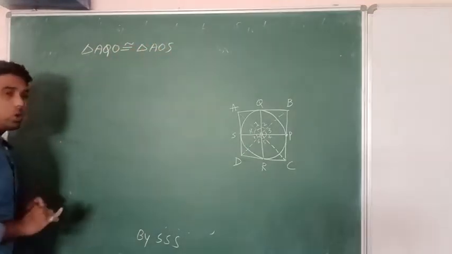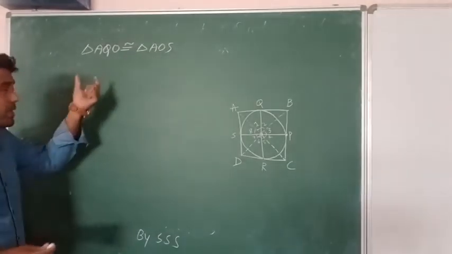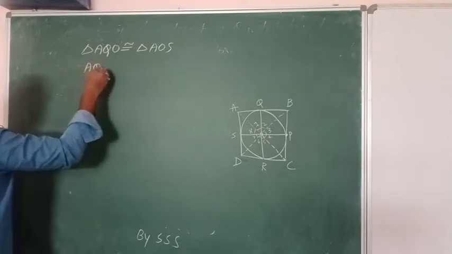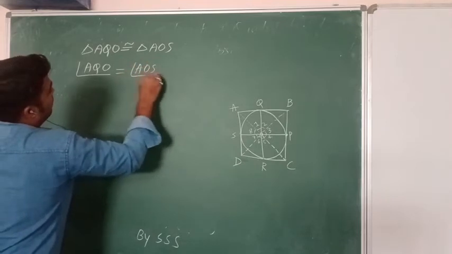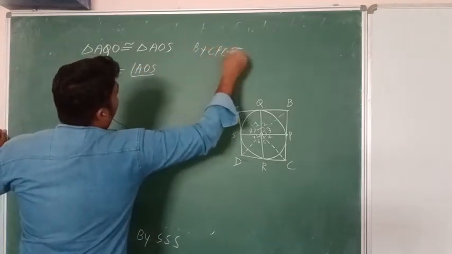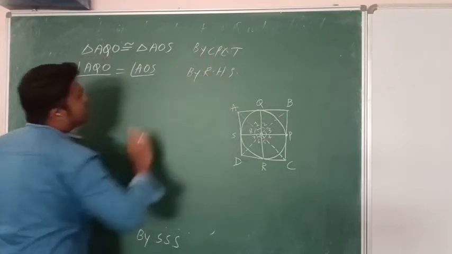If they are congruent, you know congruent triangles make equal angles. So what can I write here? I can write angle AQO is equal to angle AOS, and this you can write by congruency, and this by RHS.